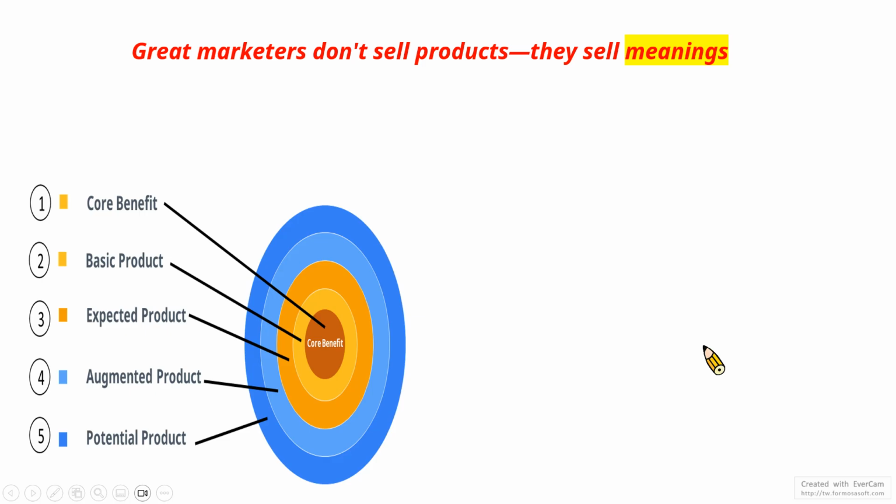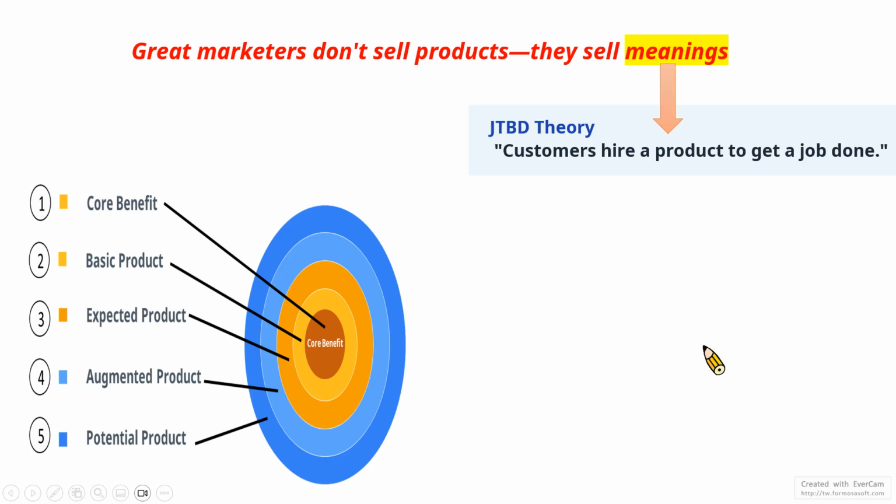What are meanings? Meanings follow the JTBD theory, job to be done theory. Customers hire a product to get a job done. Because they have a job to get done, they will need the product.